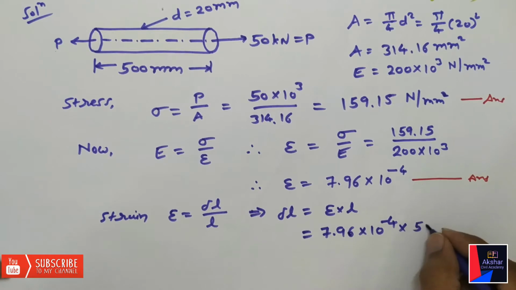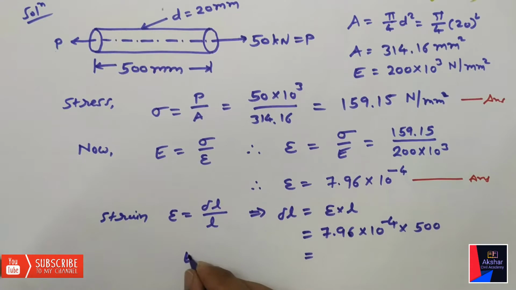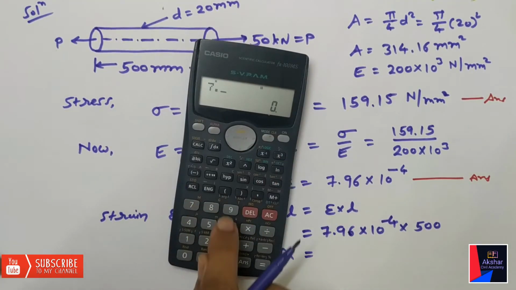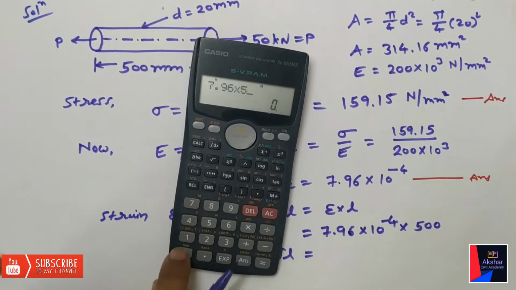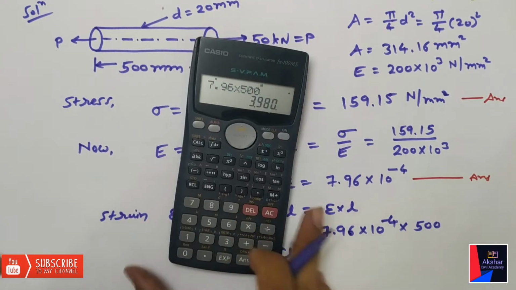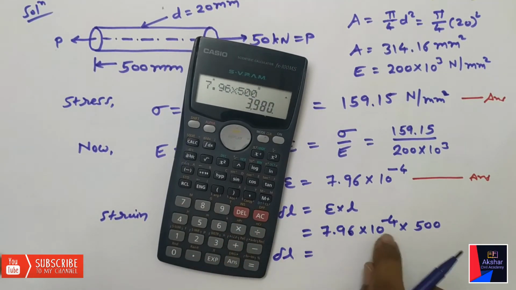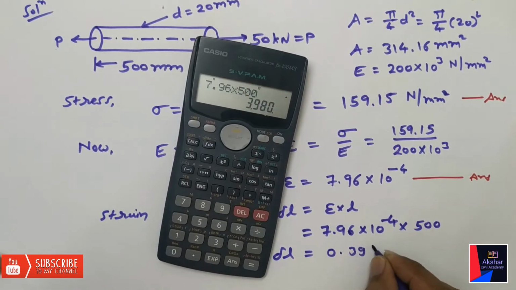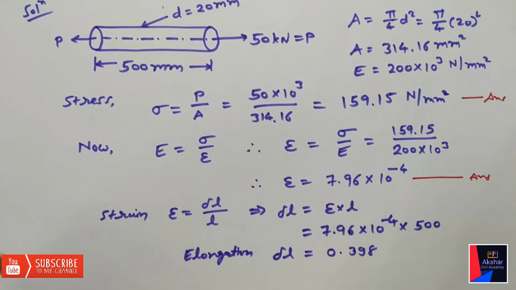So elongation delta L will be equal to 7.96 multiplied by 500, which is 3980 multiplied by 10 raised to minus 4, so it will become 0.398. So this is also an answer.